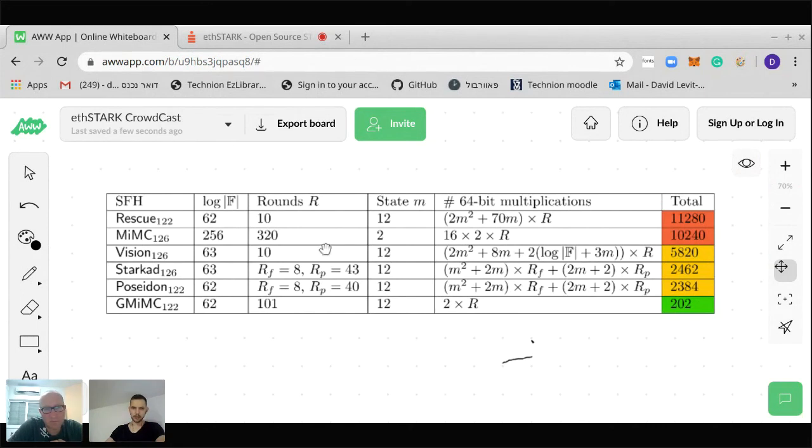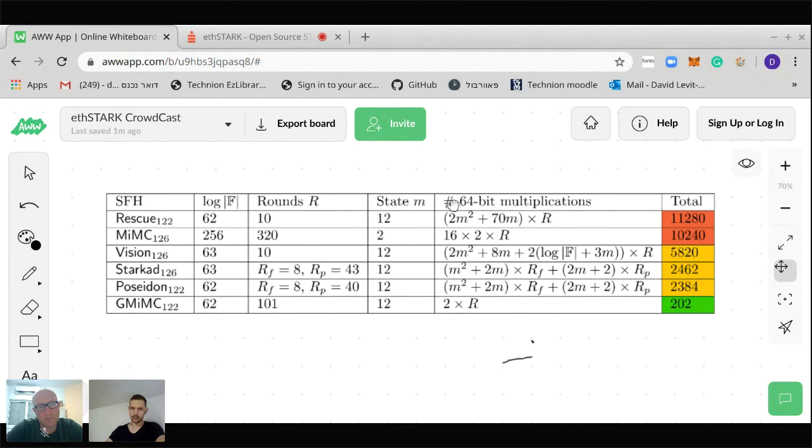First of all, all the candidates except MiMC are over fields of size approximately 64 bits, which means their field multiplications are about the same, with a small difference that binary field multiplication is a bit slower on CPUs, but with the correct hardware they would be the same, or even binary fields would be a bit faster.